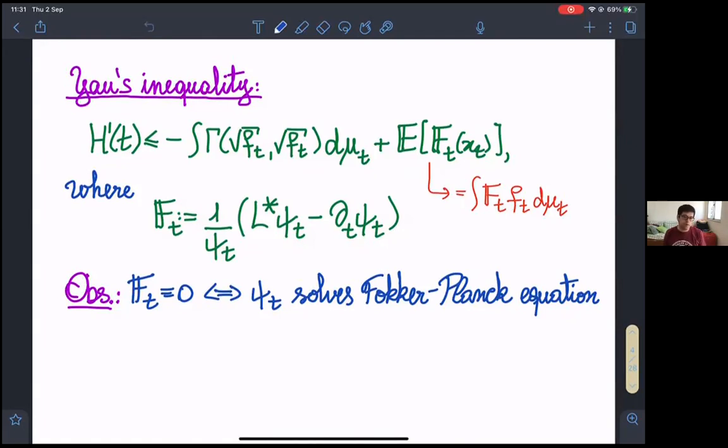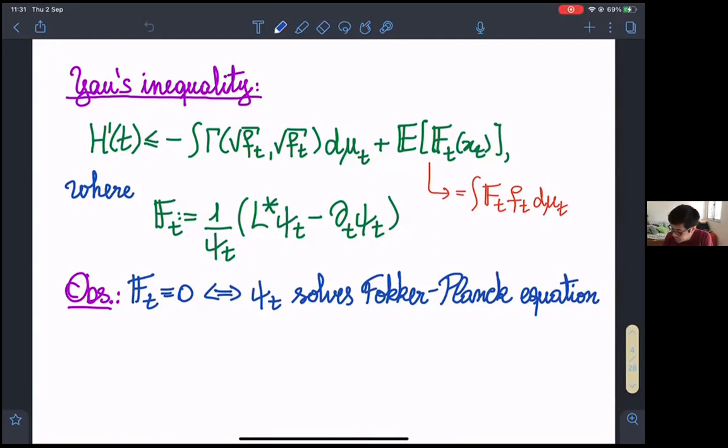But something which probably is a little bit less known is that if you take, instead of the relative entropy with respect to the invariant measure, two solutions of the Fokker-Planck equation, that means you take the law of the Markov chain starting from two different states, then the relative entropy between them is also decreasing in time. It's not that they just decrease when compared with the invariant measure, but they also decrease among them. So it's a stronger property, no?